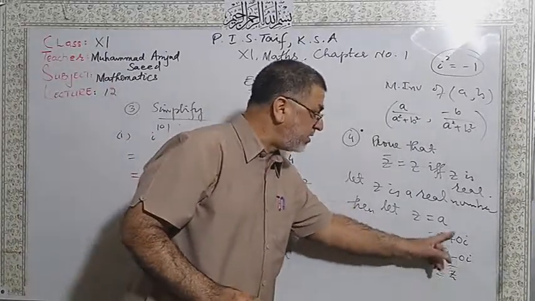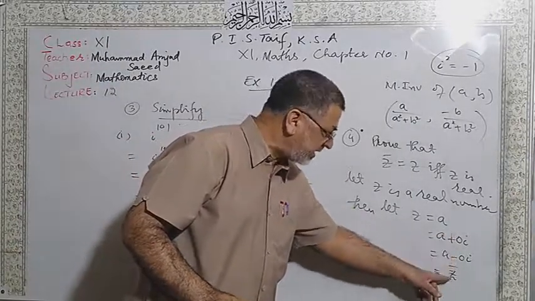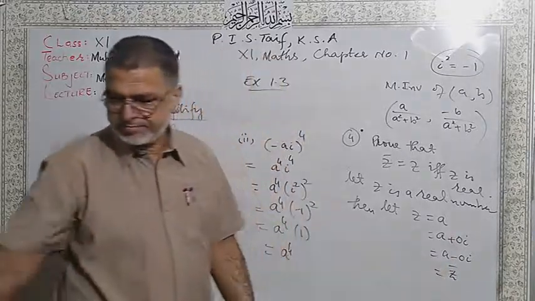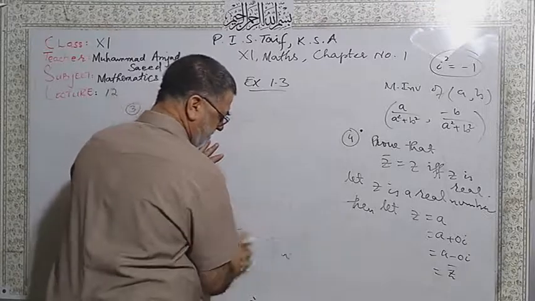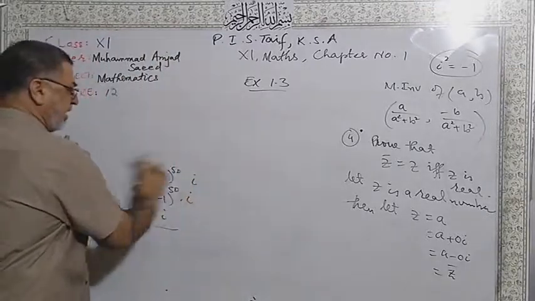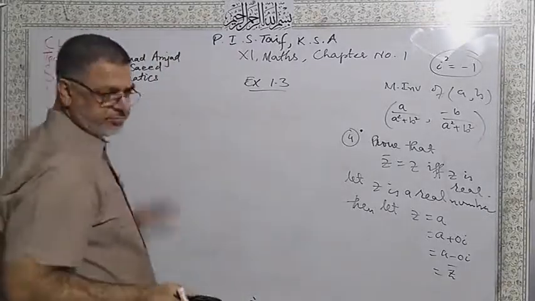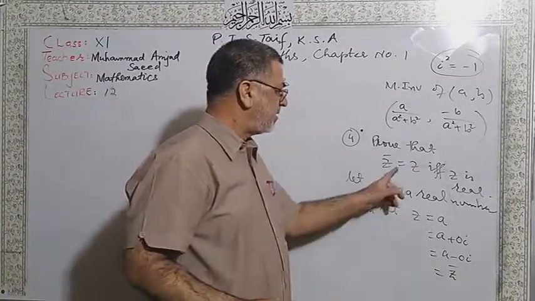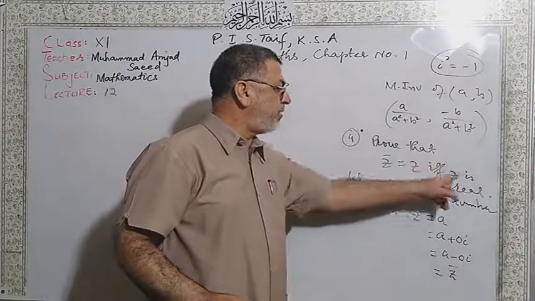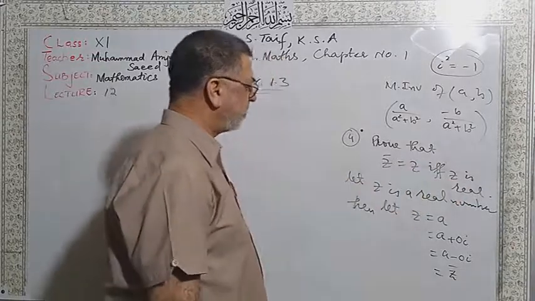But there is a meaning of this plus and minus here, that will be z bar. After that, we will take the left hand side and we will confirm that z is a real part.